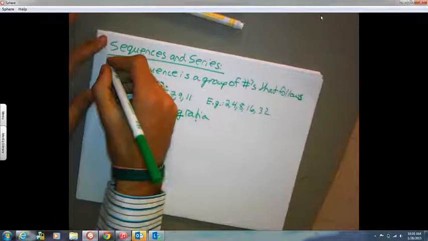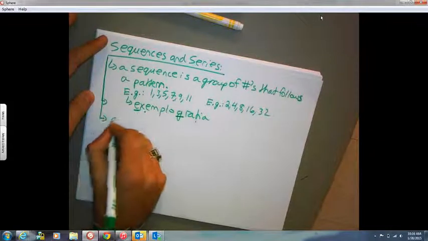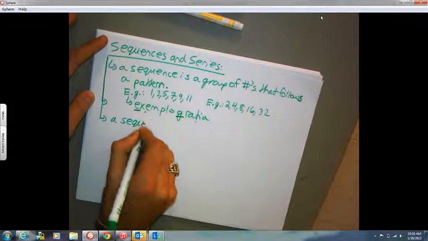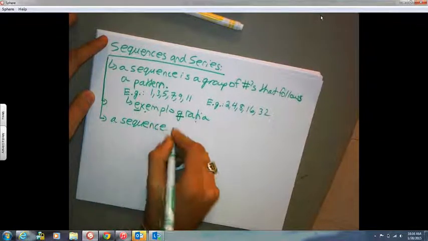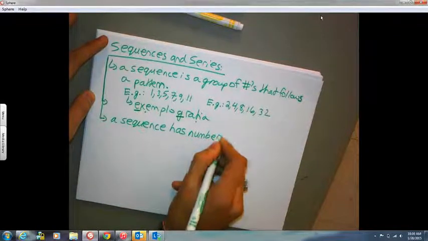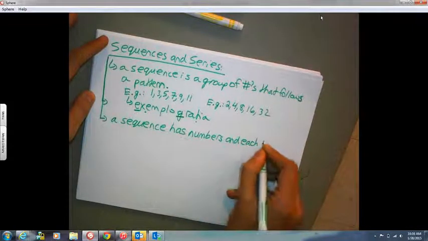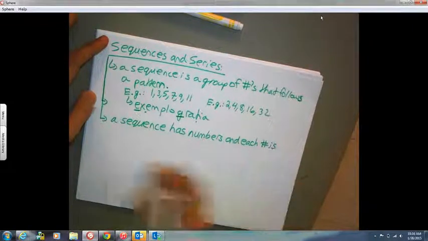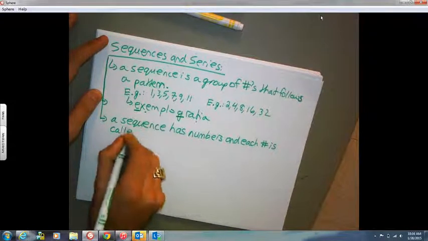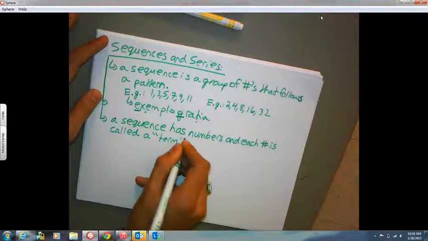Okay, so by definition, a sequence has numbers, and each number is called a term. Each number is called a term.